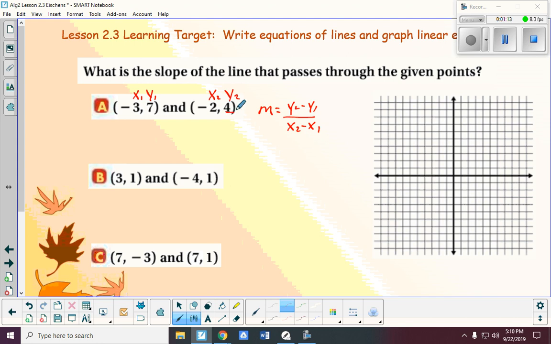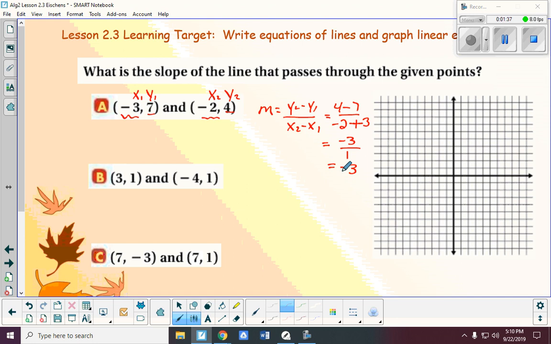So y2 is 4, and then y1 is 7, and x2 is a negative 2, minus x1 is a negative 3, so it's minus a minus 3, and 2 negatives make a positive, so we'll change that. So in the numerator, you have negative 3 over 1, so the slope is negative 3.